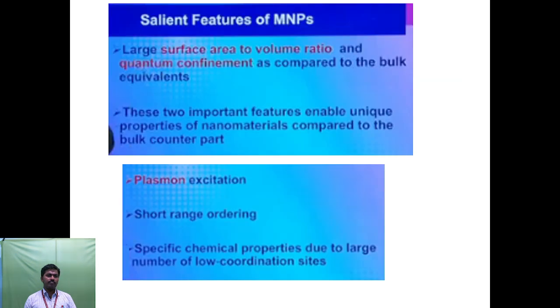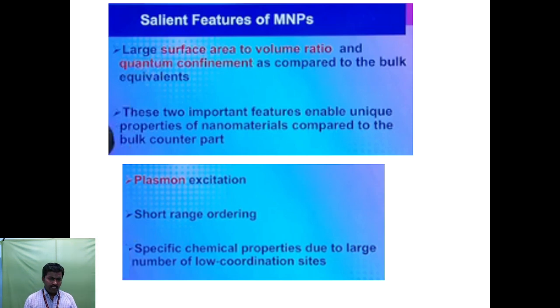The main salient features of metal nanoparticles are large surface area to volume ratio and quantum confinement as compared to the bulk metals. These two properties enable unique properties of nanomaterial compared to the bulk material.